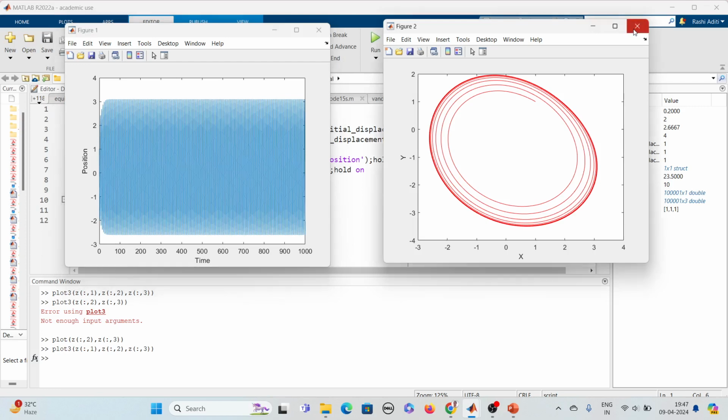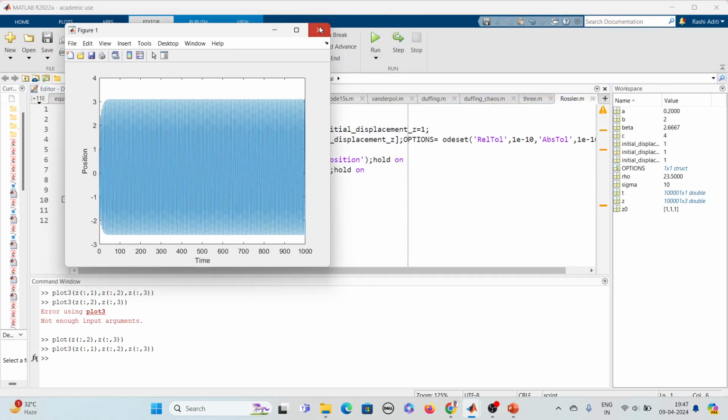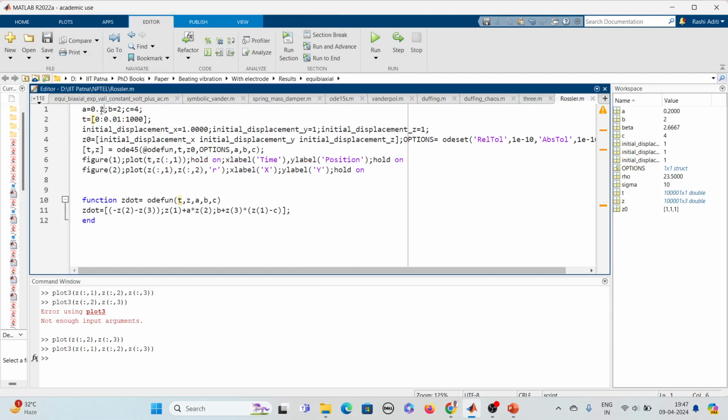Now for 0.35, you people remember there are two loops. So we'll just take maybe 0.36. Again, run the code.